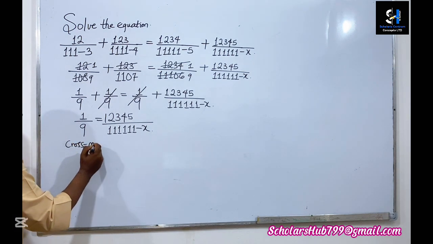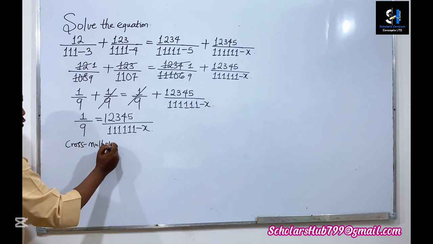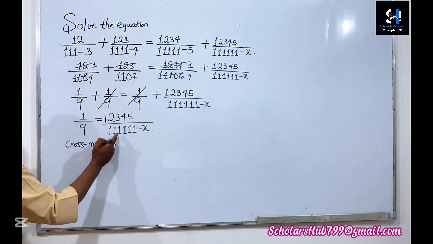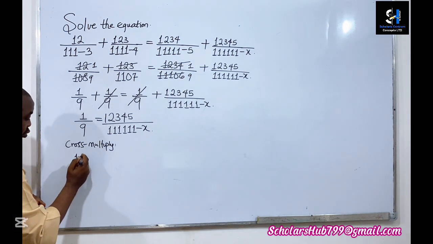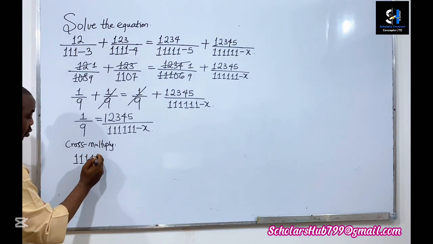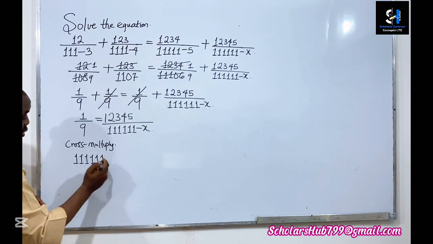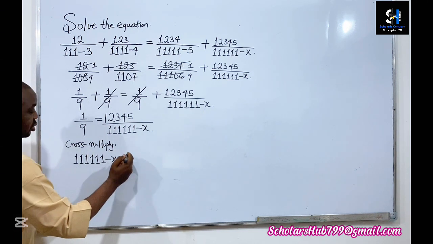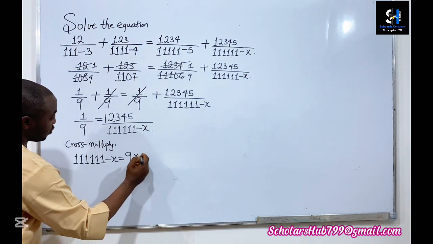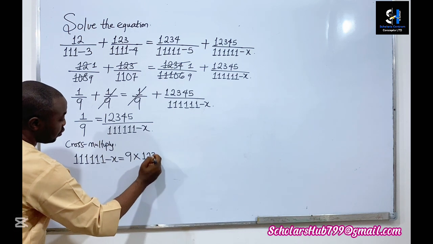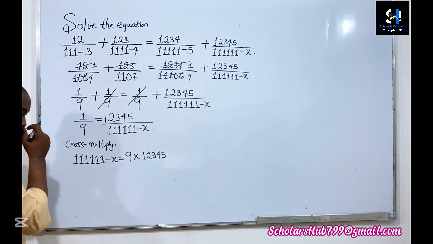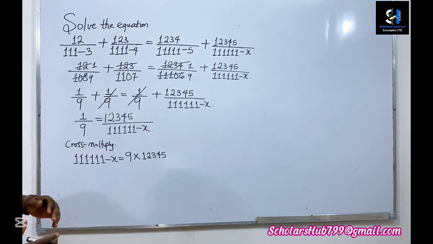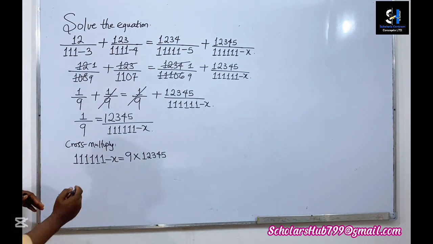If we cross multiply, this multiplies by 1. That will be 11111 minus x equals 9 multiplied by 12345. Now 12345 multiplied by 9 will be 111105.